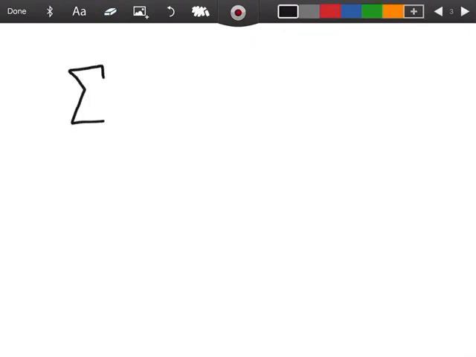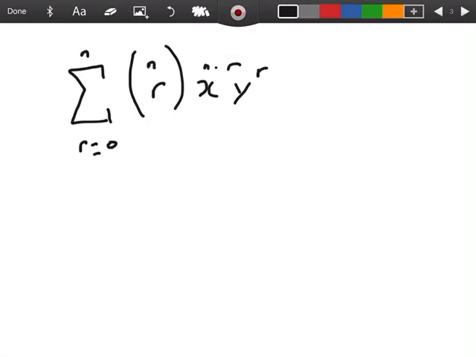Now this may look a bit daunting at first. r equals 0 all the way up until n, of nCr, of x to the n minus r and y to the r. Right, so that's the binomial theorem, and you will see in this part nCr.